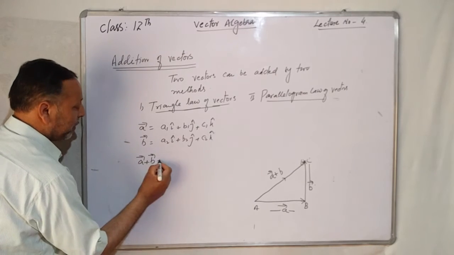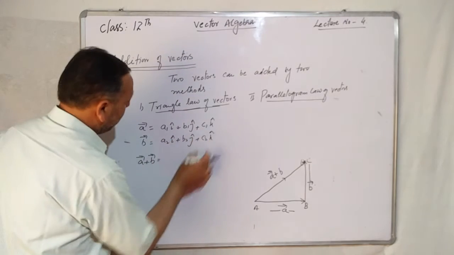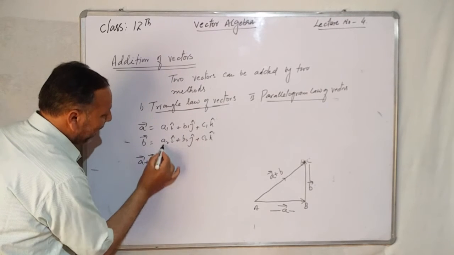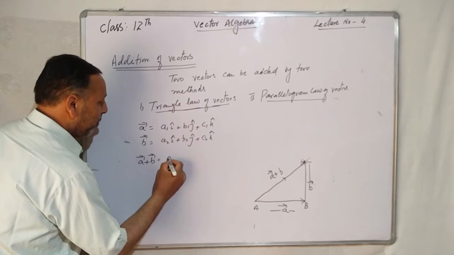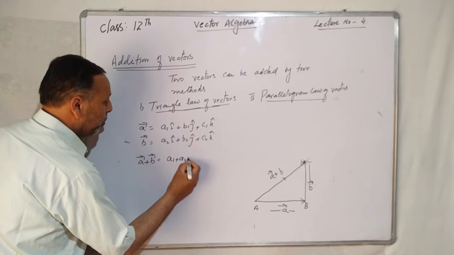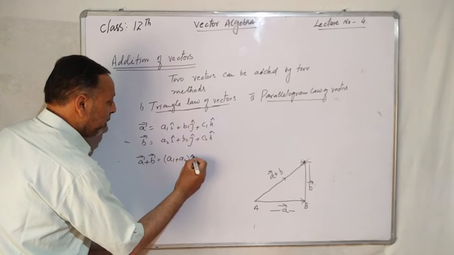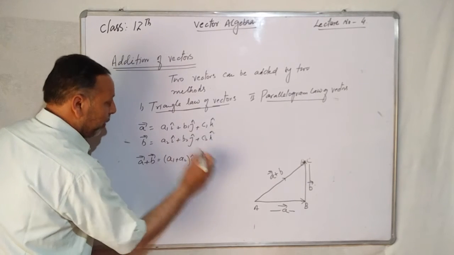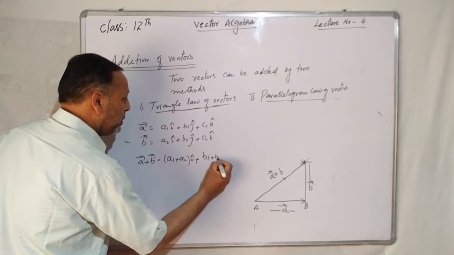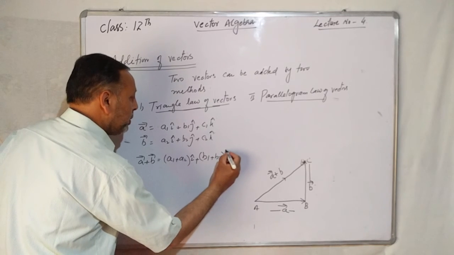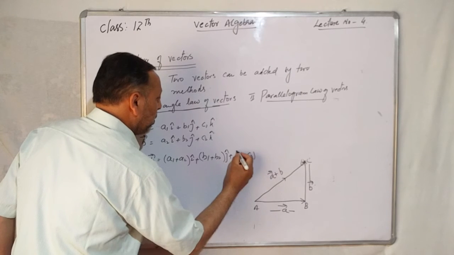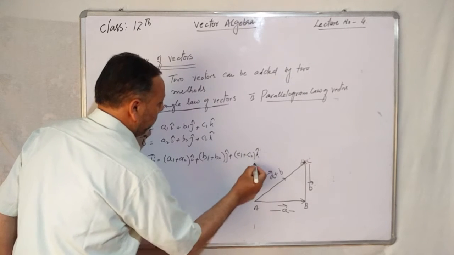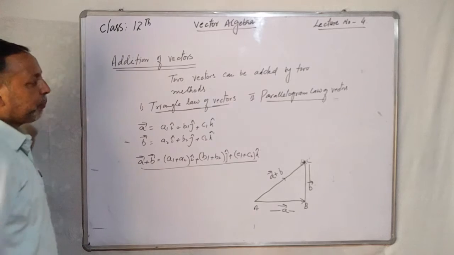What is vector A plus vector B? Vector A plus vector B will be, you simply add the corresponding elements. It will be (A1 plus A2) i cap plus (B1 plus B2) j cap plus (C1 plus C2) k cap. This is the addition of vectors.